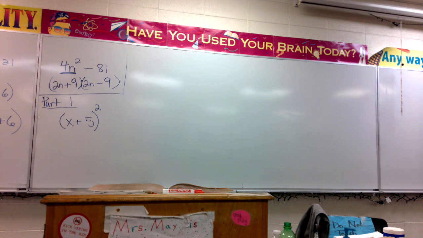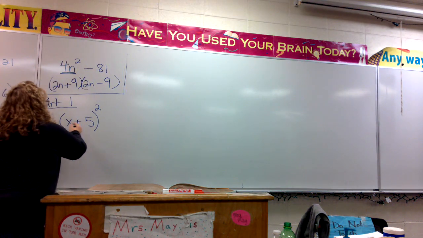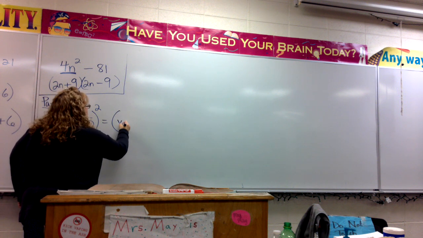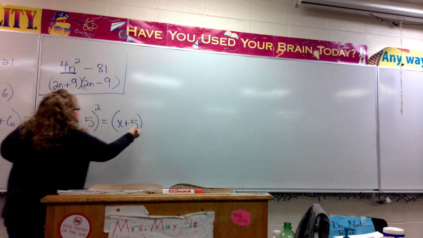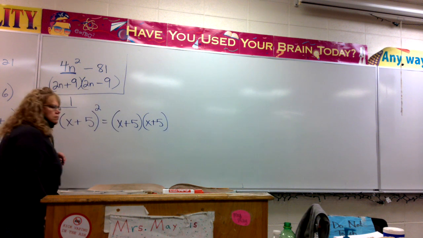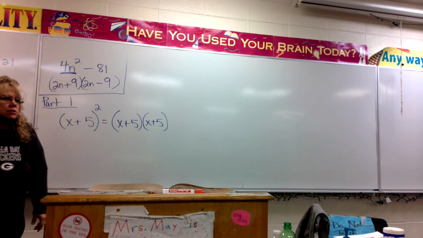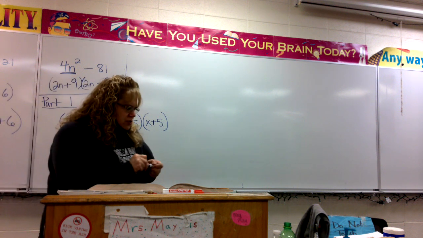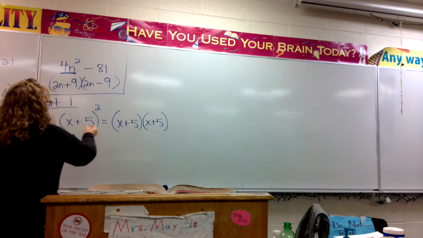So square means multiply by itself. Really, this x plus 5 squared means take x plus 5, take this thing, and multiply it by itself. Once you write it like that, I'm pretty sure everybody knows what to do, don't you? That multiplying it out that we've been doing for a few days. So you just start here.